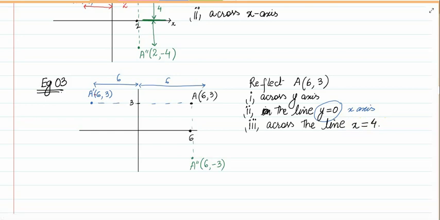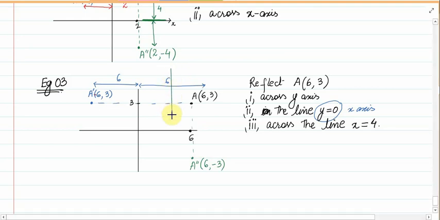At first you need to plot that line. So can you identify where I should plot the line x equal to 4? I am going to plot the line with the green pen so that it will be visible to you. The line x equal to 4 lies here. That is the line x equal to 4.